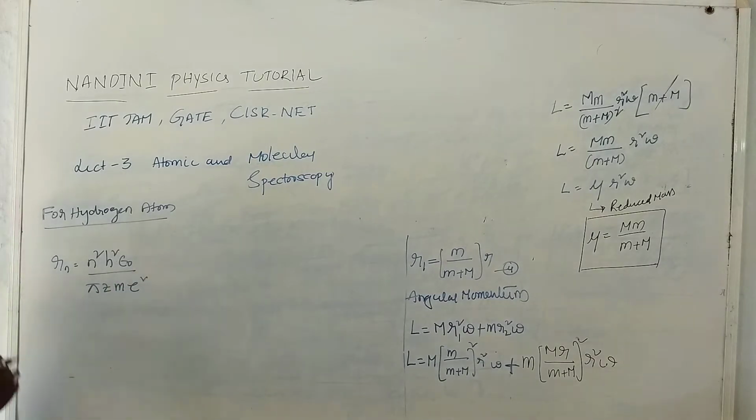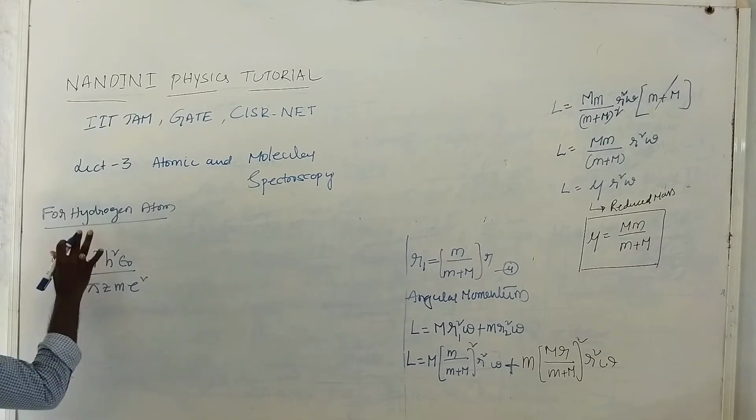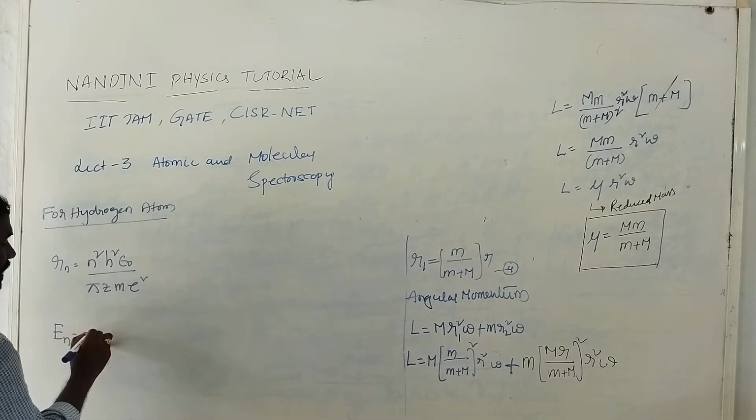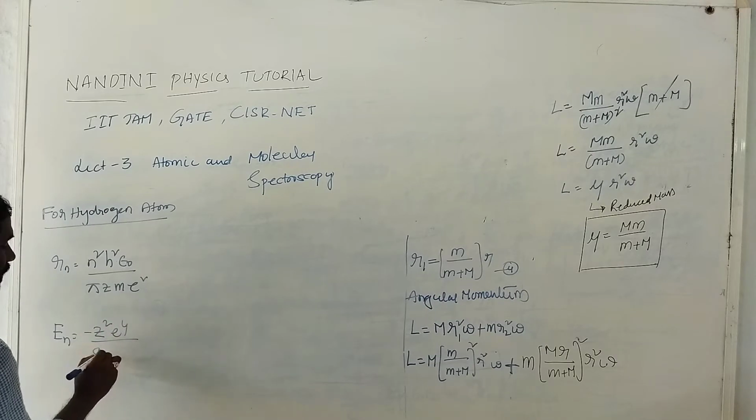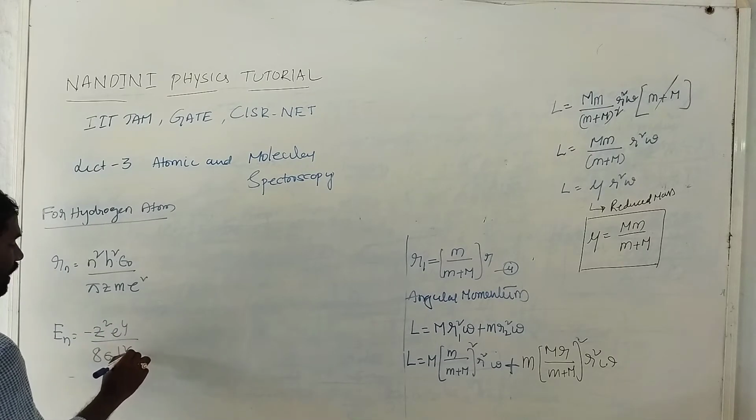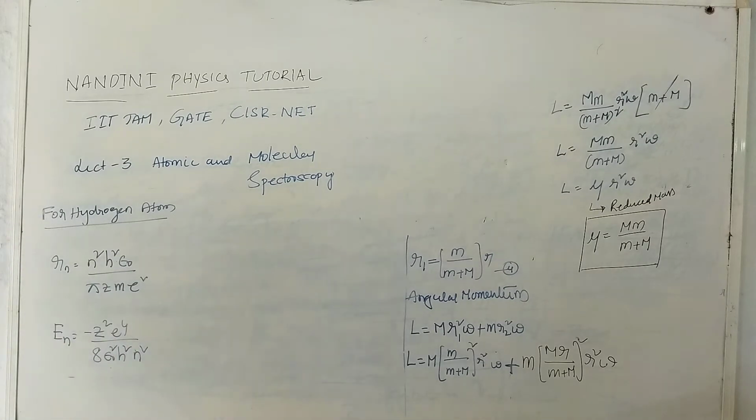And once again, the energy for the hydrogen atom is equal to minus z square e power 4 divided by 8 epsilon naught square n square h square. So these are the equations.